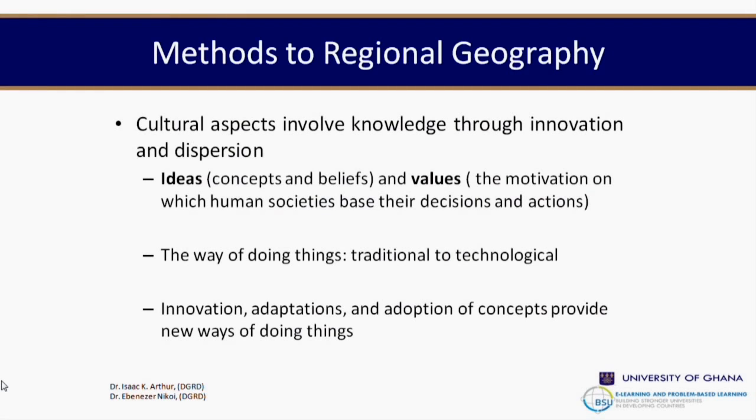So ideas, concepts, beliefs and values are the motivation on which human society bases its decisions and actions, right? And the way of doing things is based on tradition, or has moved from tradition to technological. And innovations, adaptations, and adoption of concepts provide new ways of doing things.